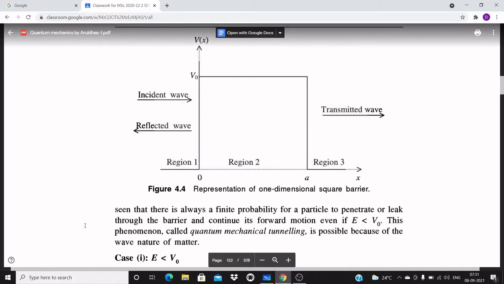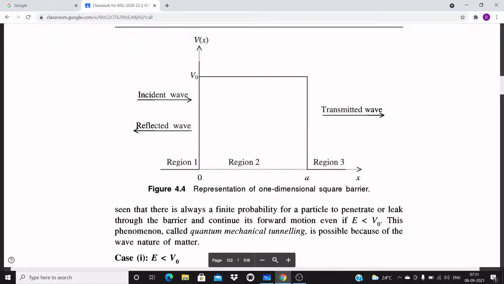We call this phenomenon quantum mechanical tunneling, and it is possible because of the wave nature of matter. So these are the things we have to analyze.